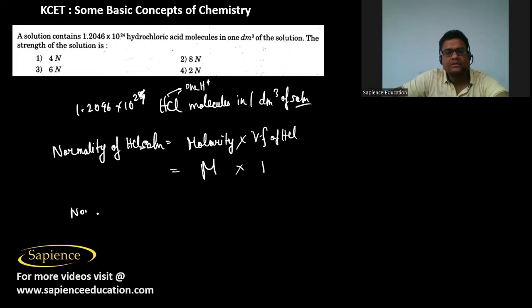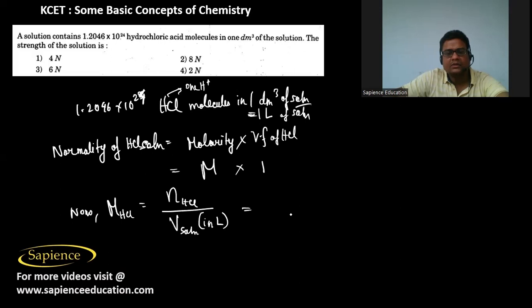Now the molarity of HCl will be equal to the number of moles of HCl divided by the volume of the solution, and the volume of the solution we have to use in liters. We know that 1 decimeter cube means 1 liter of the solution. So the volume is 1 liter only, and the number of moles of HCl will be equal to the number of molecules of HCl divided by the Avogadro number, which is 6.023 into 10 power 23.